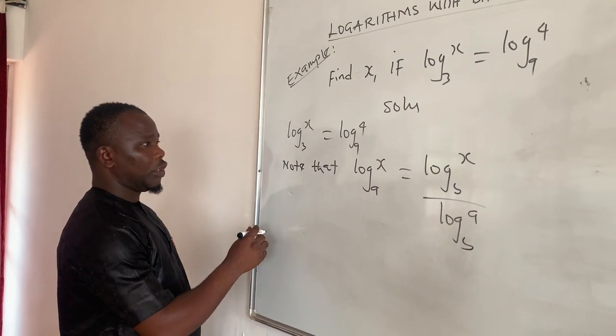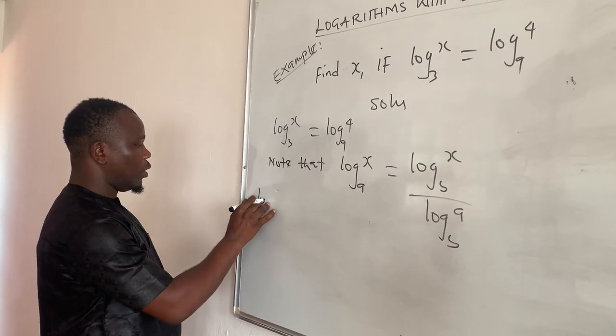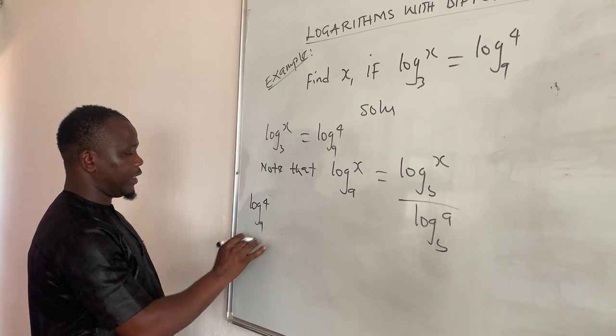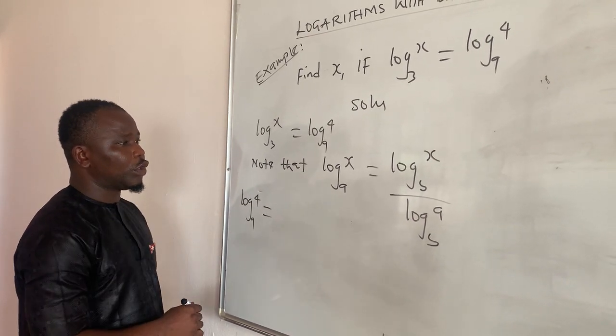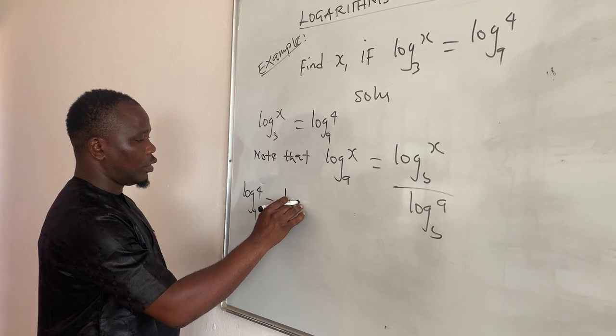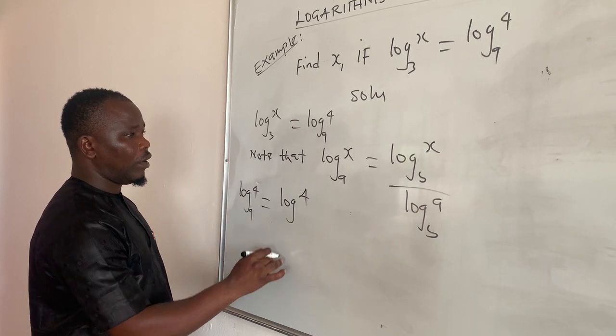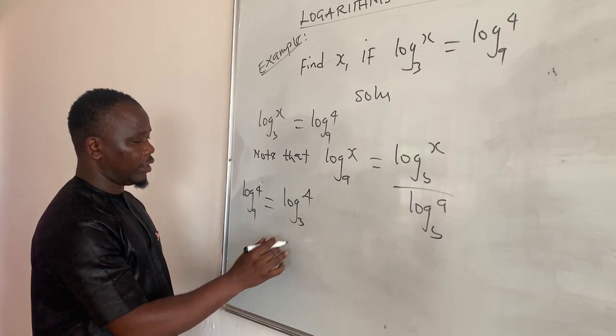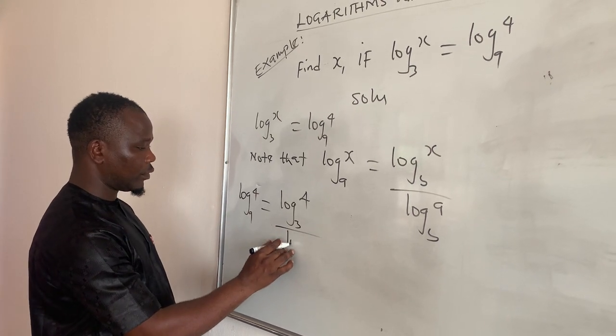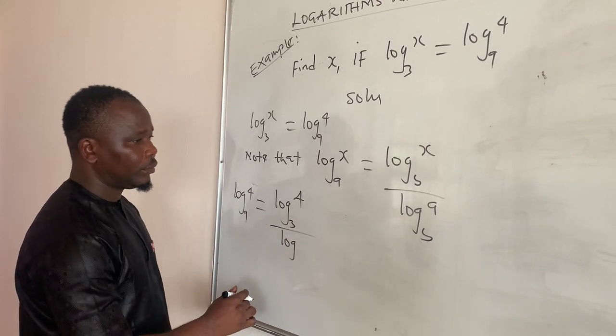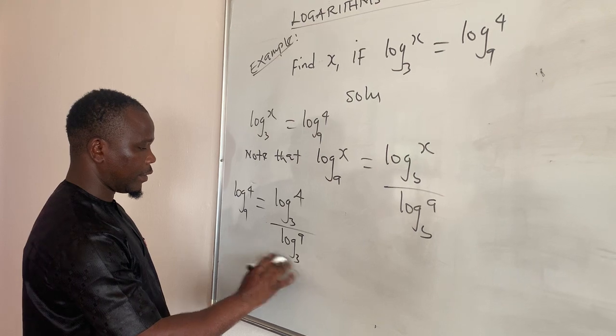Okay, now we write log 4 base 9 is equal to log 4 base 3 all over log 9 base 3.